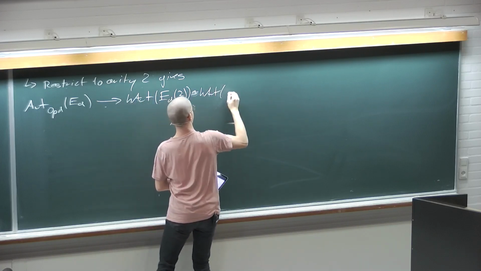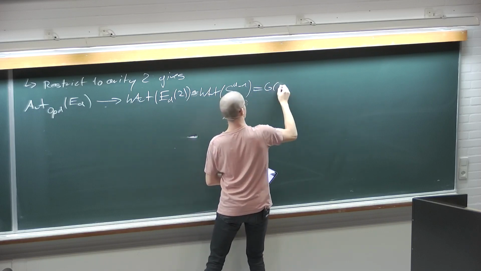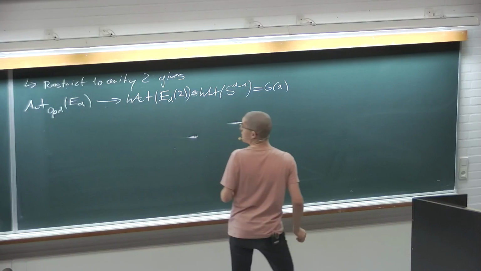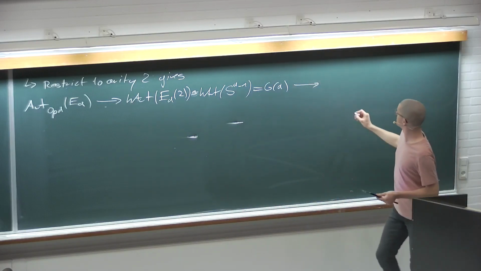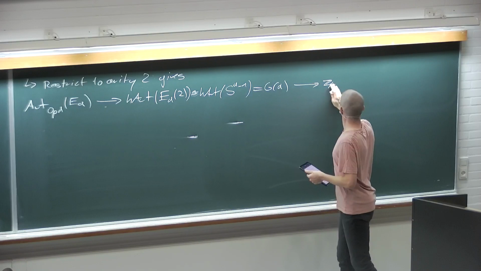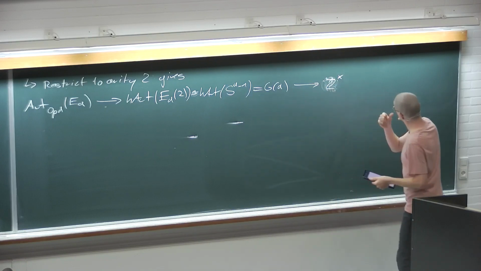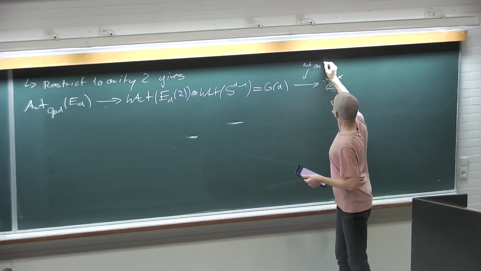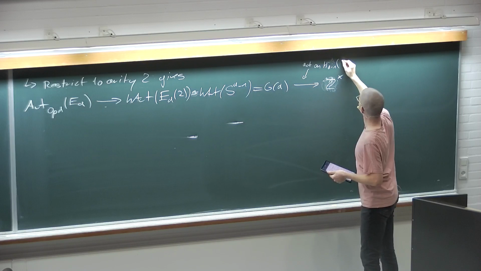So this is a homotopy equivalence of a (d-1)-sphere. This is a space that's typically denoted G(d). Okay, and then I can go further to Z/2, or let me write it like the units in Z, and this map is just given by acting on the top cohomology, or let's say top homology, of the sphere.